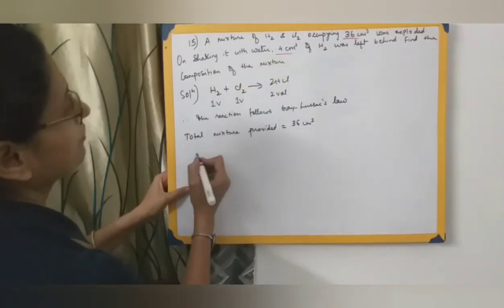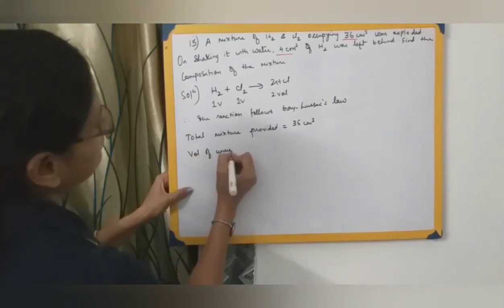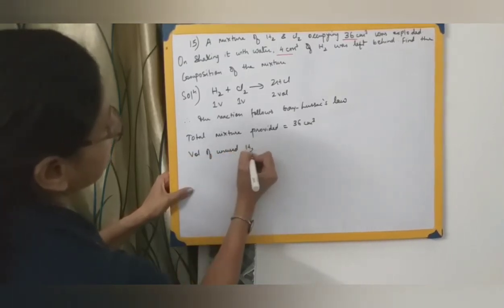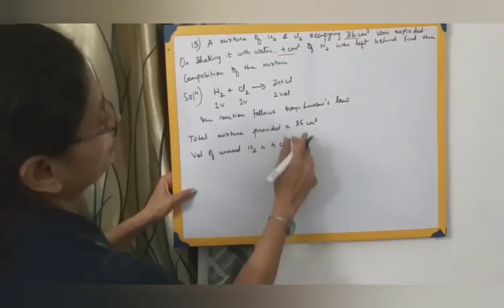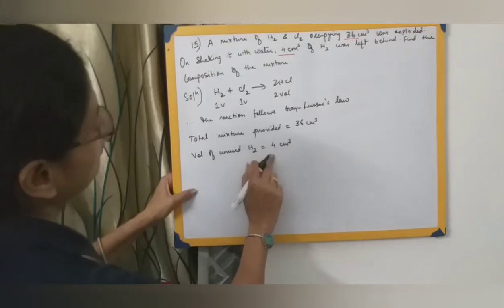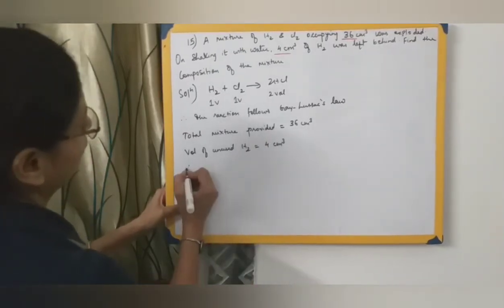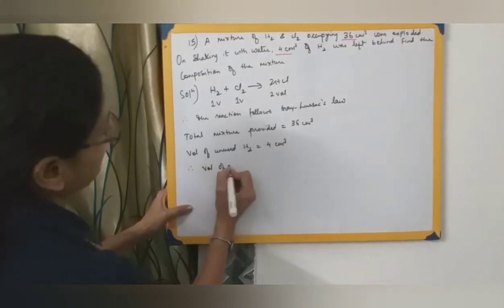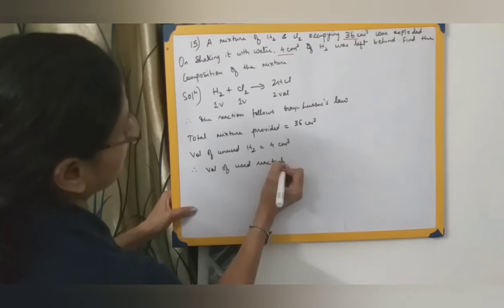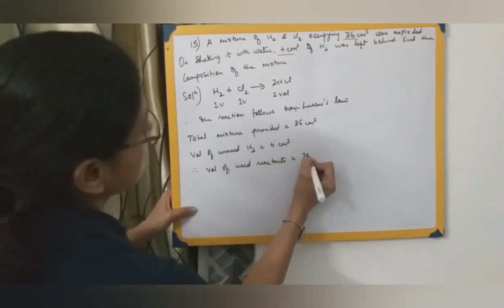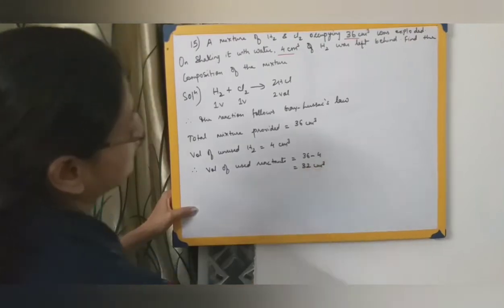That is the volume of unused hydrogen, which is 4 cubic centimeter. If we remove the 4 cubic centimeter which was unused, we get the used one. Therefore, volume of used reactants is equal to 36 minus 4, which is 32 cubic centimeter.